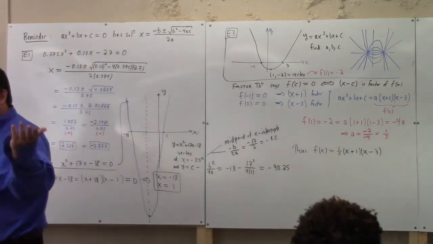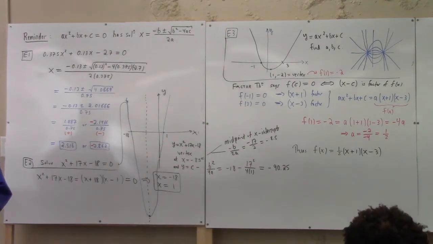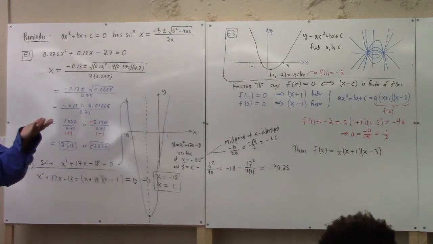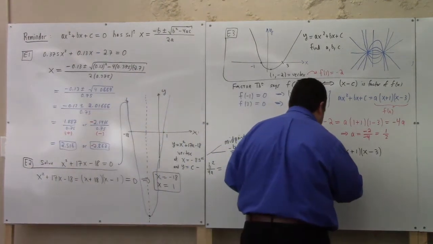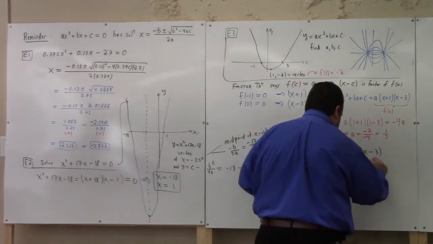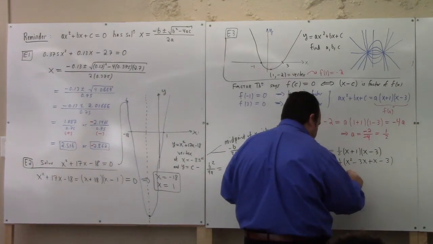Now we go back to day 1 with polynomials, right? Remember, we talked about coefficients, standard form, all that. We're back there now. We need to multiply this out, right? FOIL it out, then we should see it. I'll keep the half out front just to start with, and that's going to be x squared minus 3x plus x minus 3. Combining like terms, I've got 1/2 x squared.